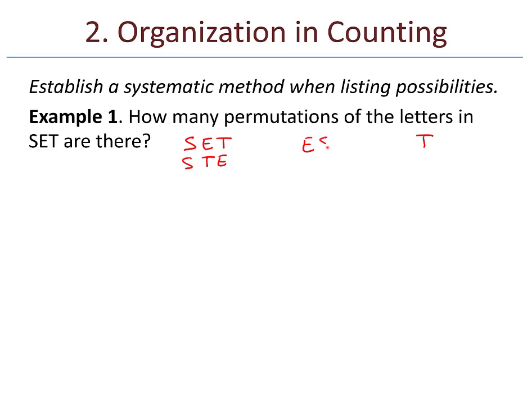So E, S, T, and E, T, S. And then finally, if I start with T, then S and E remain. So I'll say T, S, E, sort of keeping them in the order that they appeared originally, the S came before the E, and then T, E, S. So this is one way you might do this, a systematic way to write out all the permutations.